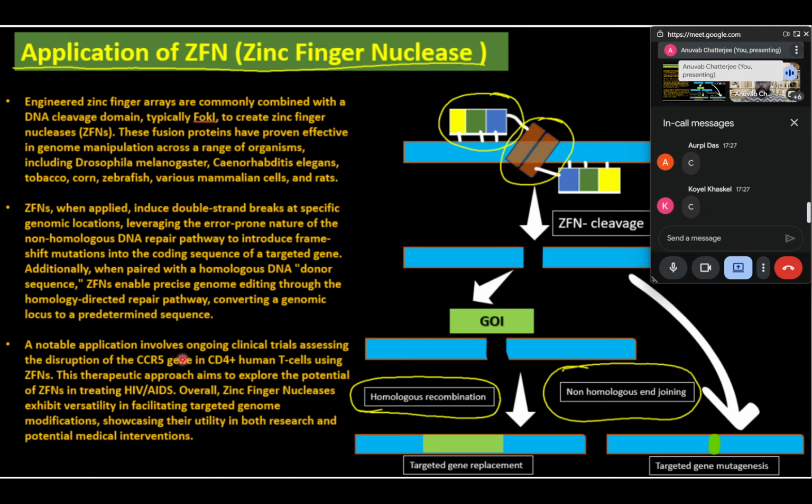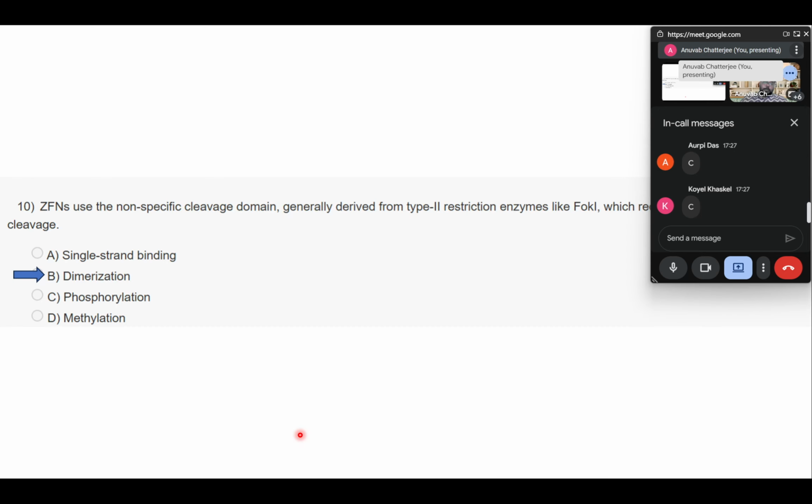A notable application involves an ongoing clinical trial assessing the disruption of the CCR5 gene in CD4 plus human T cells using ZFNs. This therapeutic approach aims to explore the potential of ZFNs for treating HIV or AIDS. Overall, zinc finger nucleases exhibit versatility in facilitating targeted genome modifications, showcasing their utility in both research and potential medical interventions.